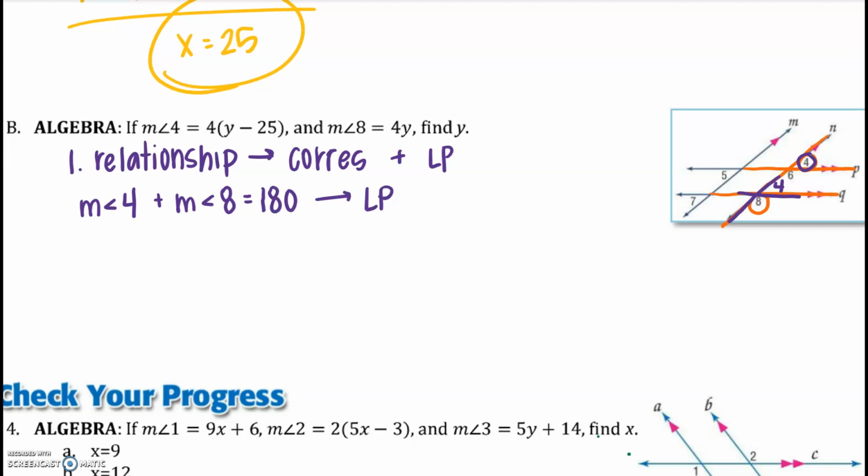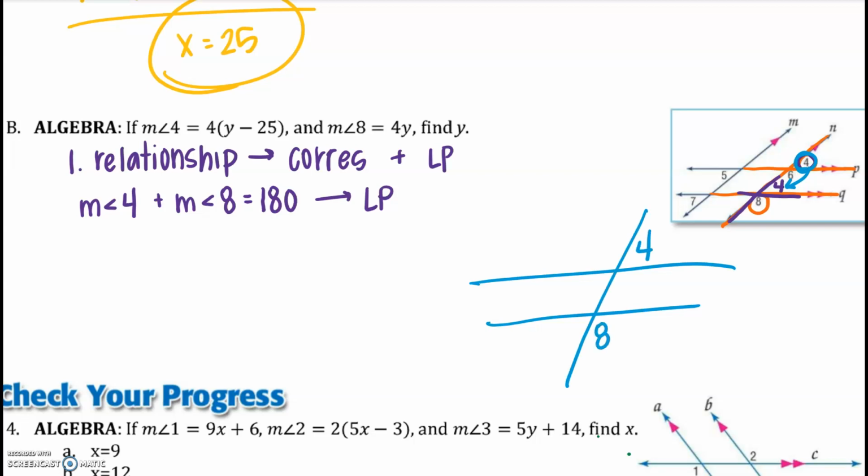Notice I went from 4 and I put it down here. That would give you corresponding angles. Let me blow that up a little bit. 4 is there and 8 is here. So 4 can also go there because of corresponding angles. And then I can utilize this right here as a linear pair. So I'm just going to substitute: 4 times y minus 25 plus 4y is equal to 180.